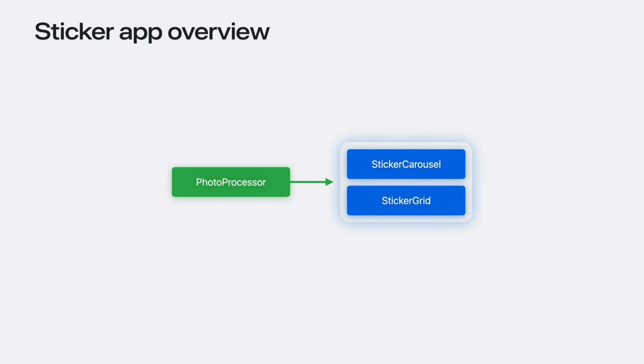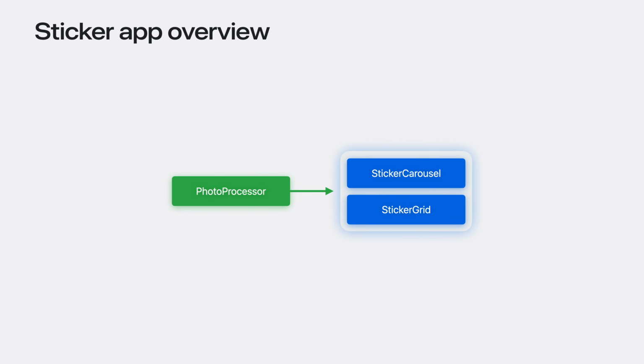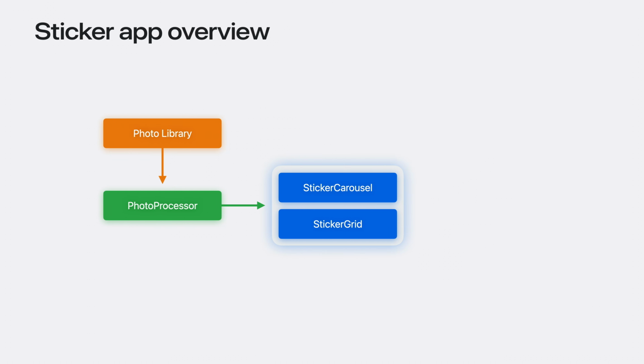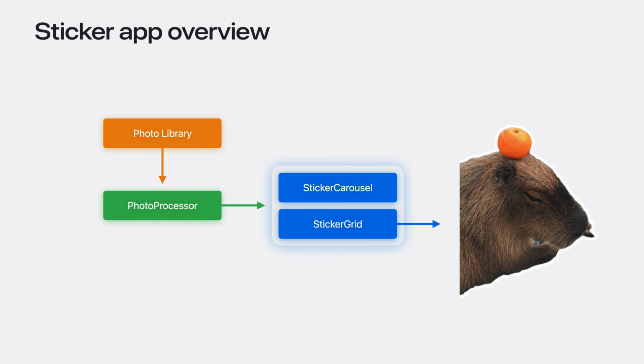In code, the app will have two main views: sticker carousel and sticker grid. These views will use the stickers that the photo processor struct is responsible for extracting. The photo processor gets the raw image from the photo library before it returns the sticker. The sticker grid view has a share link, which it can use for sharing the stickers.